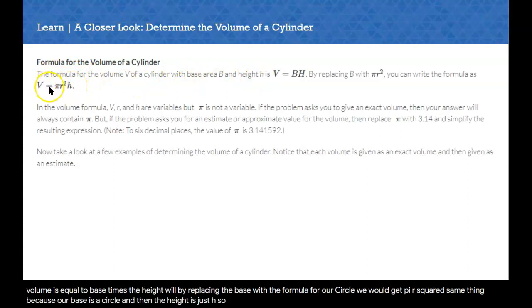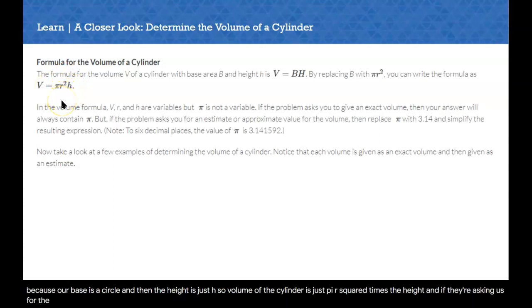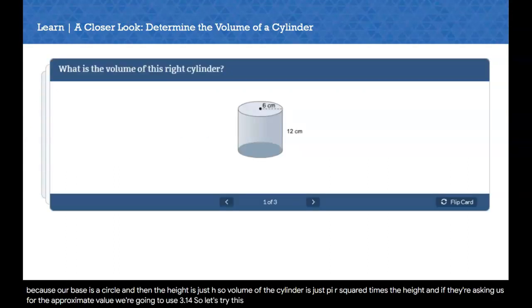So volume of the cylinder is just pi r squared times the height. And if they're asking us for the approximate value, we're going to use 3.14. So let's try this. What is the volume of this right cylinder? Pause the video and see if you can figure it out.